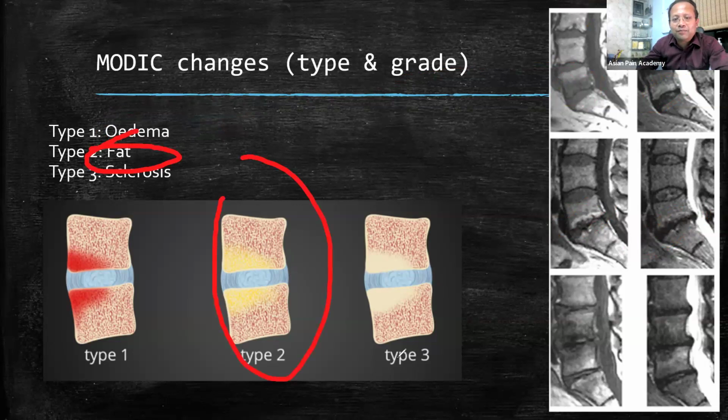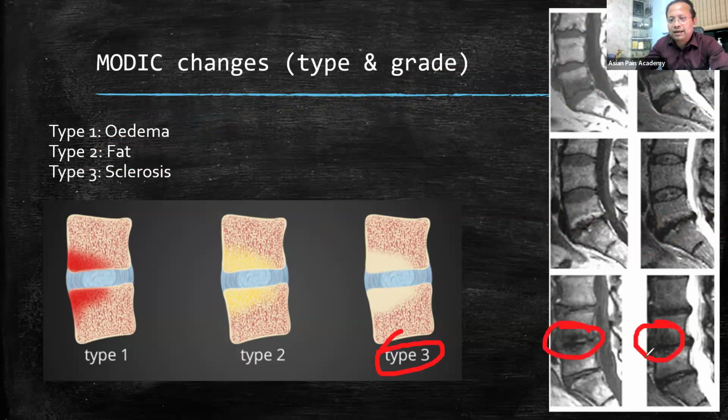You will not worry. But type 3 means all black. End plate changes, all black. So this means sclerosis. Sclerosis is also a type of degeneration. Bone becomes fibrous tissue, and this is also a type of degeneration.